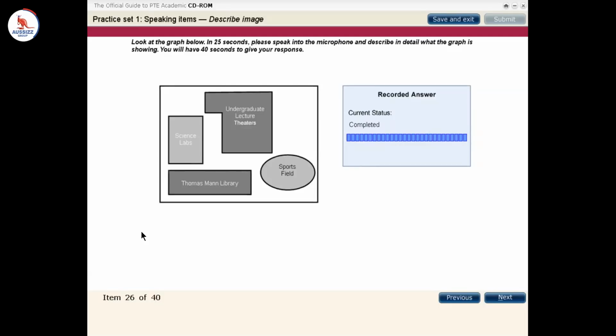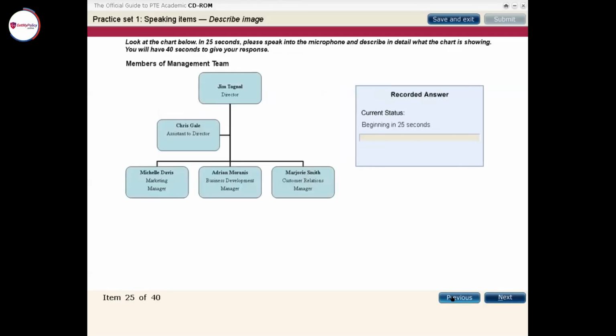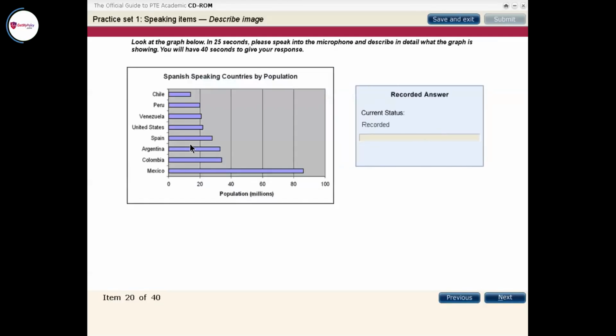Do not speak something that gives you trouble in pronunciation and fluency. No accuracy. Check. Spain 30, 20, 24, 26 or 30. I don't know. Mexico 81, 82. I don't know. Above 80. Colombia, Spain, Argentina 21, 30. I don't know. Between 20 and 40. Venezuela, United States 21 or 20.0.